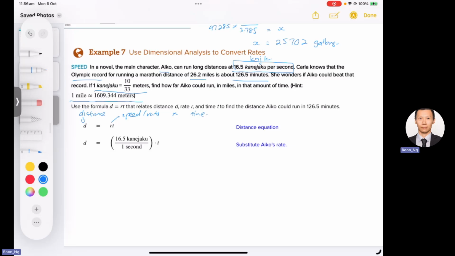All right, now let's get started. We just summarize everything. So this is one thing. The second formula that is important is 1 Kanijaku equals 10 over 33 meter. Third, 1 mile equals 1609.344 meter.